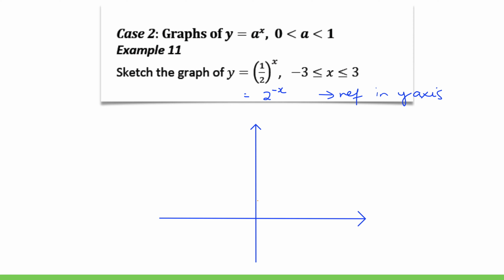So all this would look like is we've got small numbers at the positives, and it'll grow larger at the negatives because the negatives cancel out. My intercept, though, is still going to be at 0 and 1, because when I plug in x is 0, 2 to the power of -0 is the same as 2 to the power of 0, which will be 1. My asymptote remains at y is equal to 0.